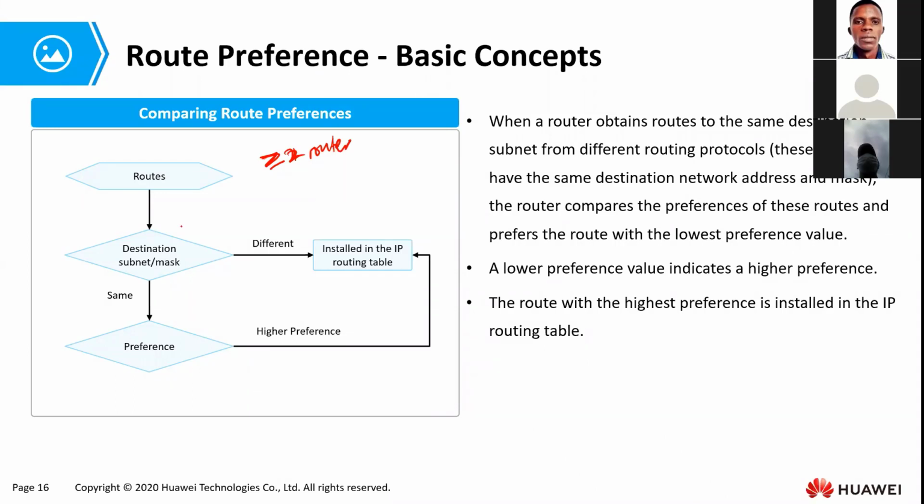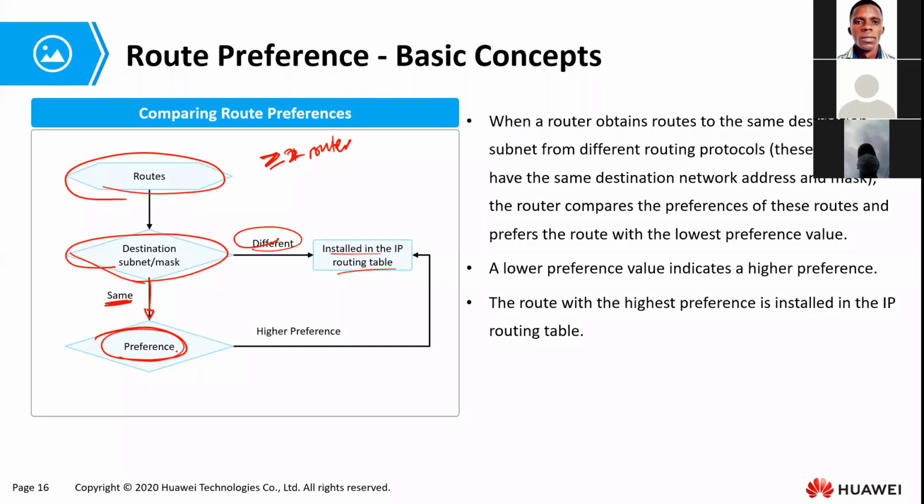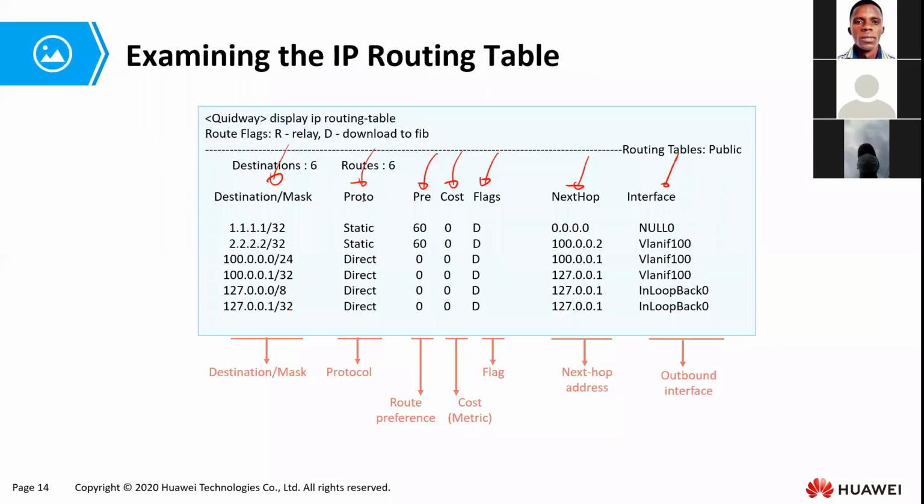And how do we select? We have the routes, they have the destination. If the destinations are different, just install the routes in the routing table. If the destinations are the same, start by looking at the what? The preference. Start by looking at how much do you trust the protocol?